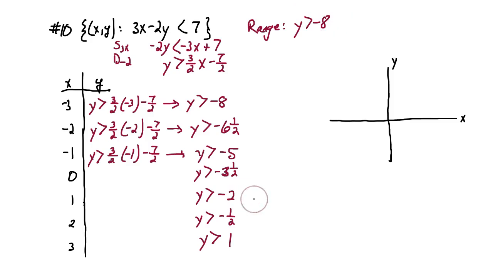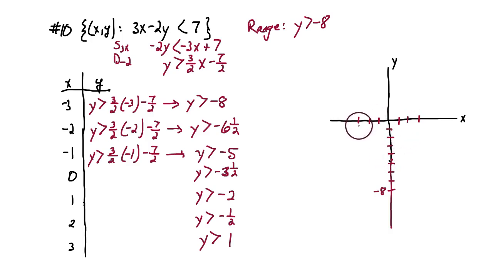We can confirm that when we make our graph. All right, on the x-axis, let's label from -3 over to +3. On the y-axis, it looks like the farthest we ever need to go downwards is to -8. So let's put 8 marks going down. When x is -3, y is greater than -8.